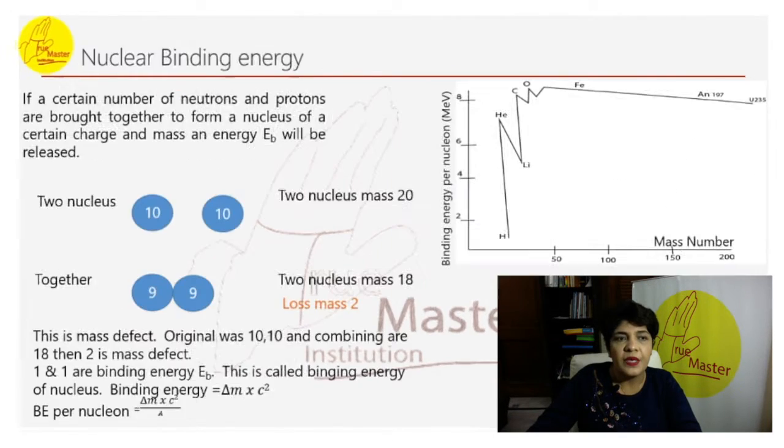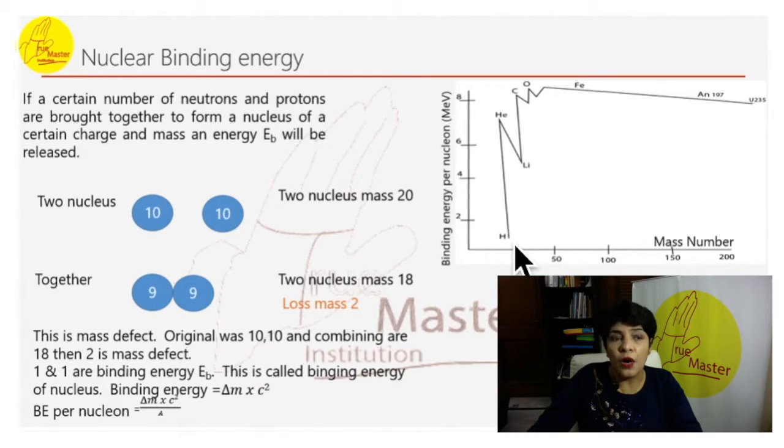Here we can see the binding energy curve in this picture. This is Fe. Fe is the most stable nucleus. Uranium nucleus is here. In this graph it's written here, uranium nucleus prone to fission. The heavier nucleus, less stable. Hydrogen is prone to fusion.